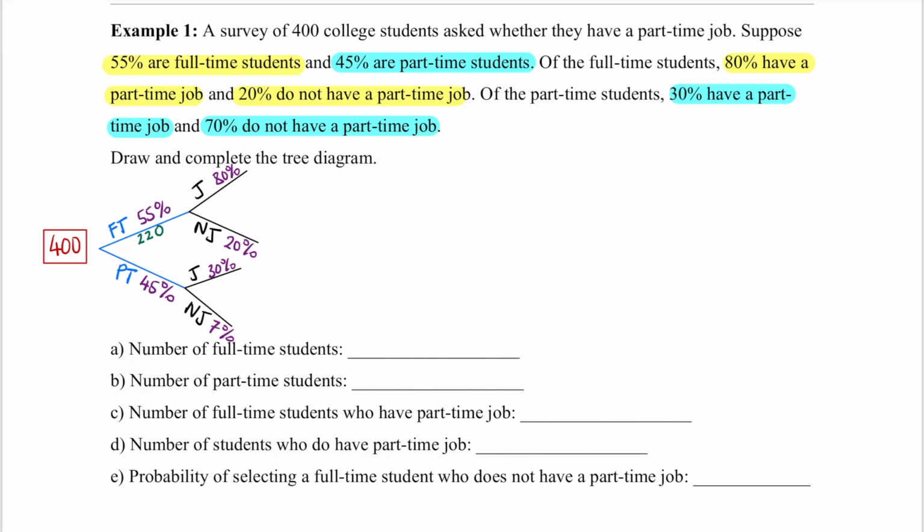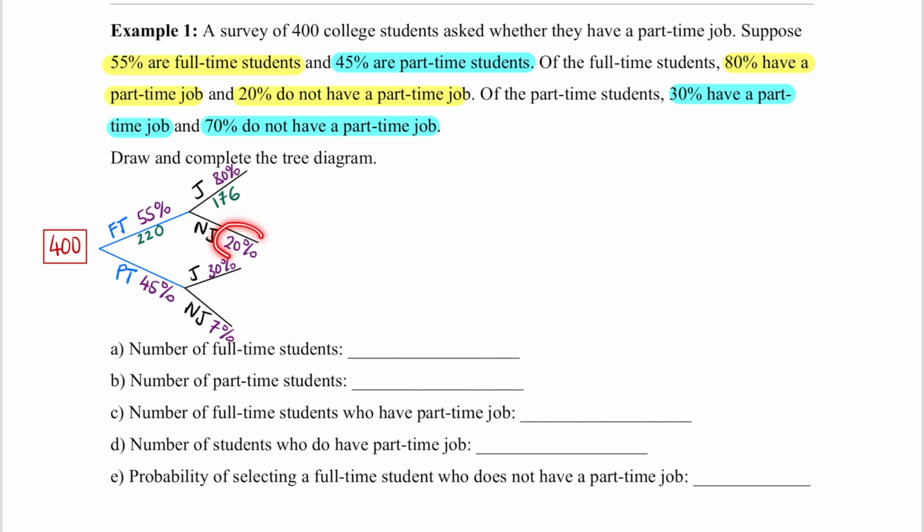Now, follow the full-time branch to the job branch. 80% of the full-time students have a part-time job. That is 80% of 220. So we take 220 times 0.80 equals 176. So 176 full-time students have a part-time job.